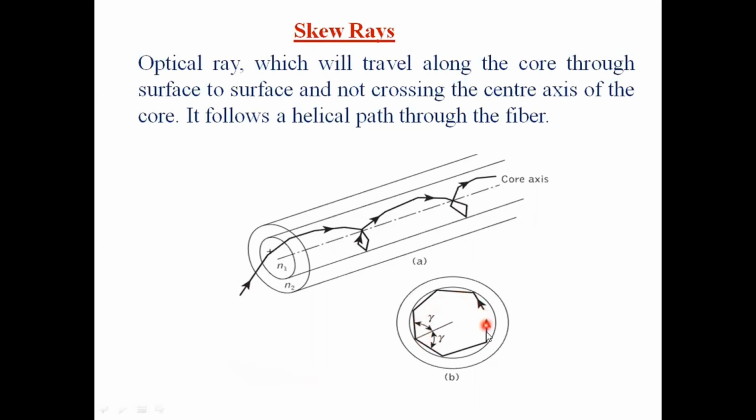In the fiber cross section, the ray travels only from surface to surface, at the outer surface area of the core medium, never crossing the center axis. So it is called a skew ray.